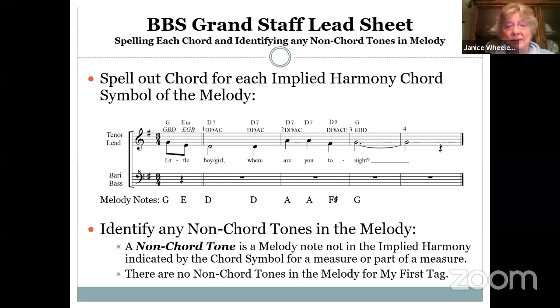Sometimes that happens. And when that happens, it's called a non-chord tone because it's a tone that doesn't exist in the implied harmony chord. In this composition, there are none of those.